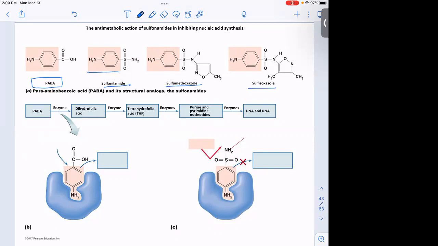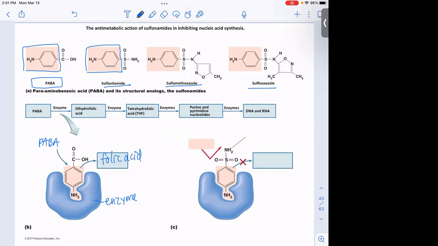You can see they all have in common that same structure as PABA. That's the part of the substrate that fits into the active site of the enzyme. So normally we get that substrate, it fits into the active site of that first enzyme. And what we eventually get is folic acid. Not directly, there's just a number of steps there, but we eventually get folic acid.